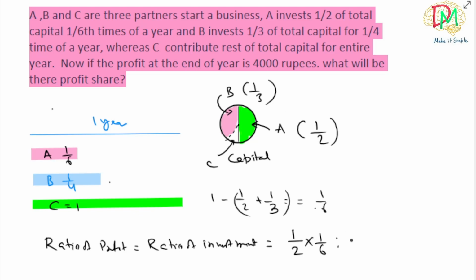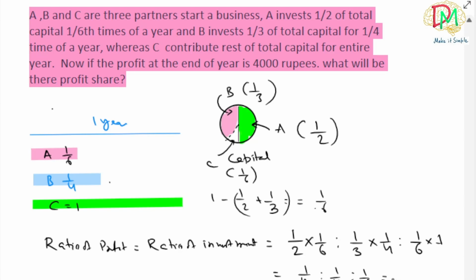Next for B, 1/3 of the total capital for 1/4 time is 1 by 12. And for C, the rest of the capital is 1 by 6 for the entire year, that is 1 by 6. So we get 1 by 12 is to 1 by 12 is to 1 by 6.